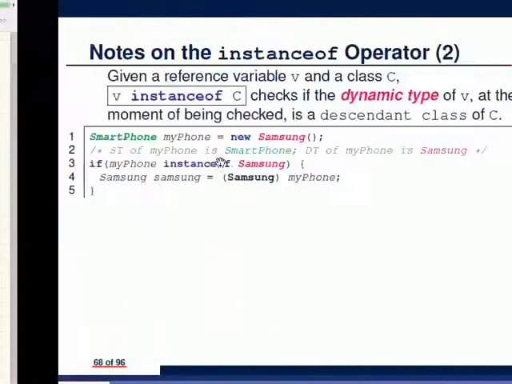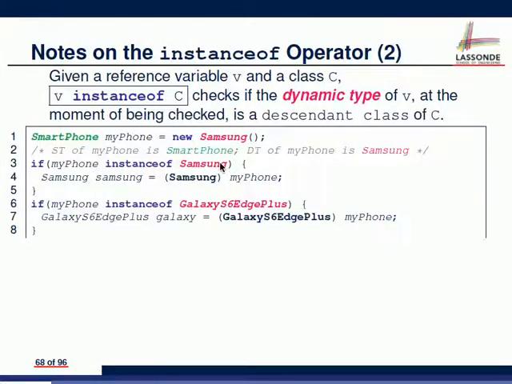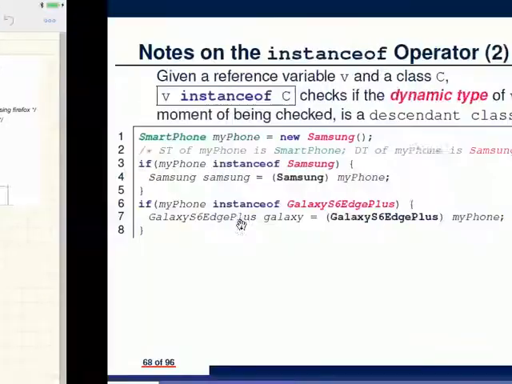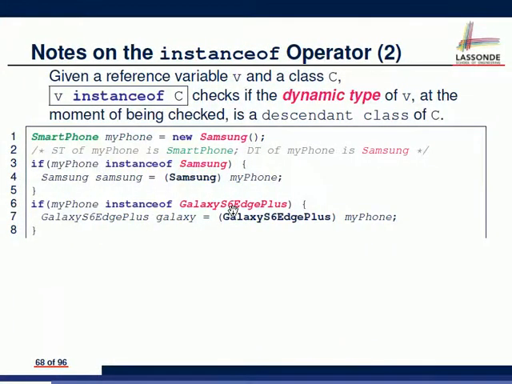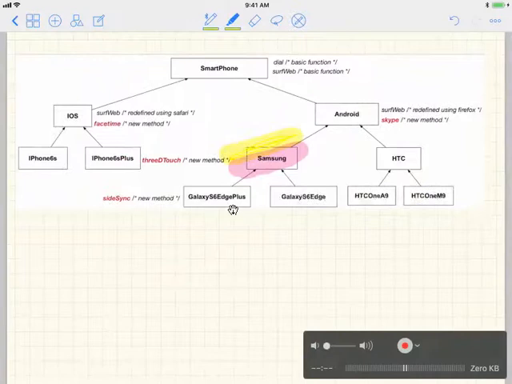On the other hand, I'll show you one thing that wouldn't work. Before I cast my phone over here into Galaxy S6 Edge Plus, I do an instance of check. Now is the instance of going to be true or false?